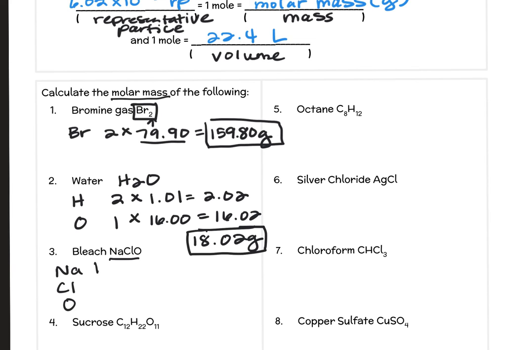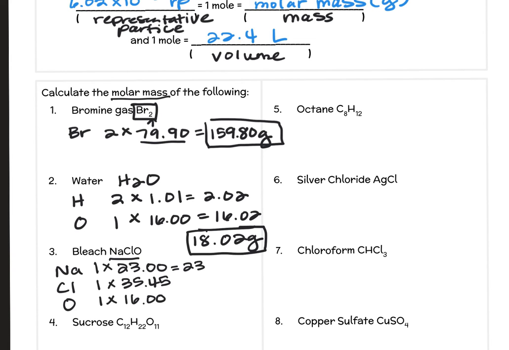Okay, so you've got 1 sodium, 1 chlorine, and then 1 oxygen. So if you look on the periodic table for this, again, we're doing some rounding here for sodium, right? So we can get those 2 decimal places in. We look at chlorine, and it's going to be 35.45. We look at oxygen, it's 16 again. So we go ahead and you can rewrite it.